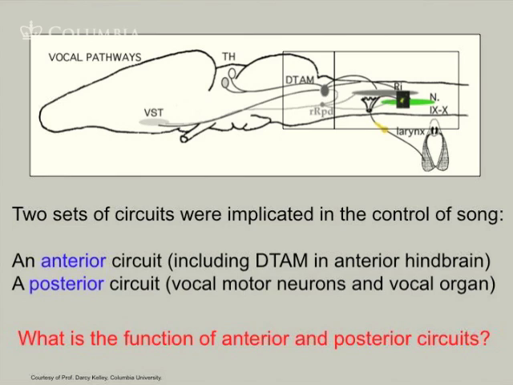So we identified two sets of circuits that were implicated in the control of the song: an anterior circuit, which includes this little area here, DTAM, in the anterior hindbrain, and a posterior or more further back circuit, the vocal motor neurons and also the vocal motor neuron target, which is the larynx itself.